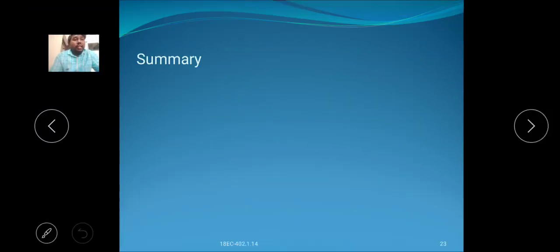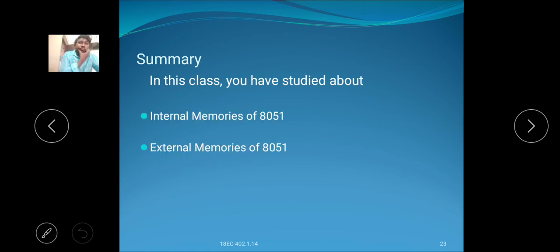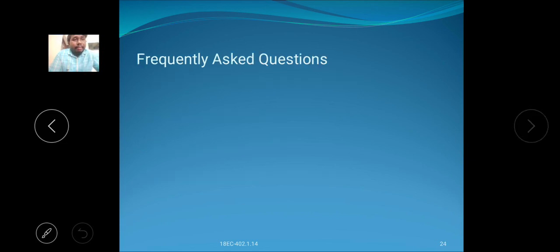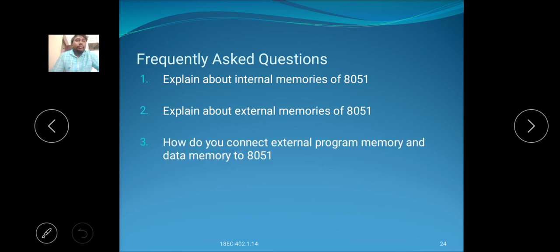The memory organization, the internal and external memories of 8051, and accessing internal and external memories. In the frequently asked questions: explain about the internal memories of 8051.